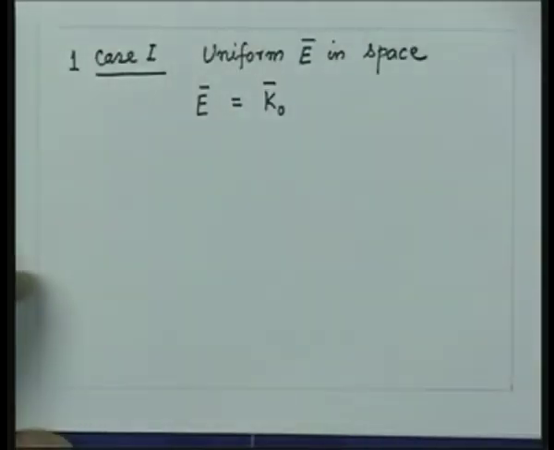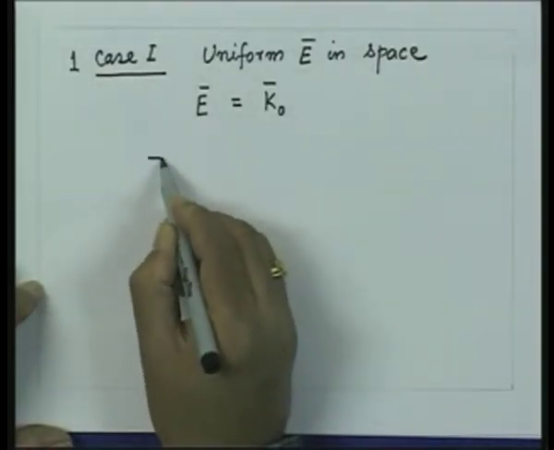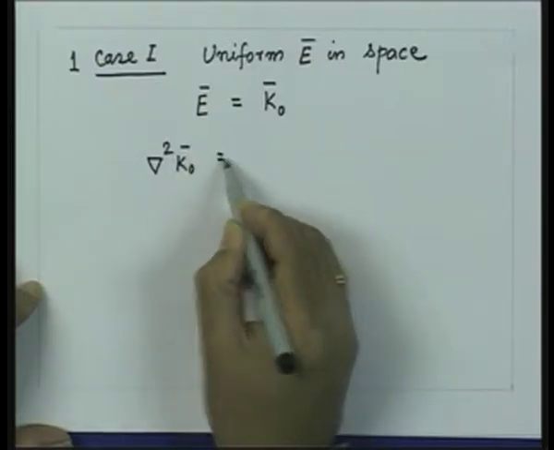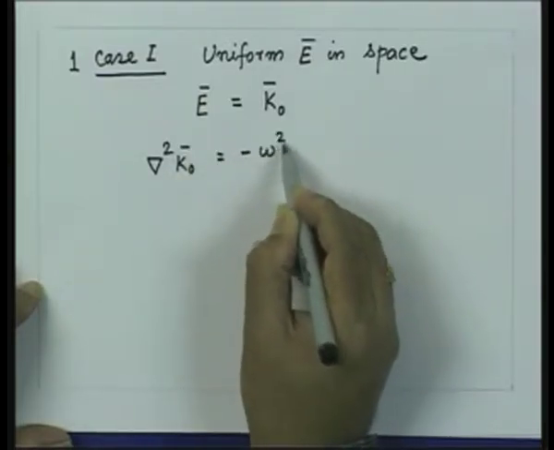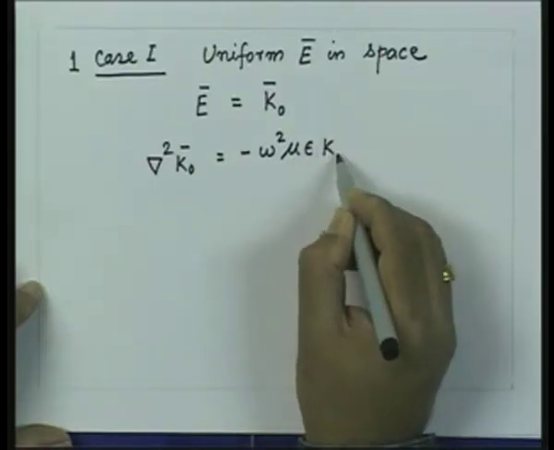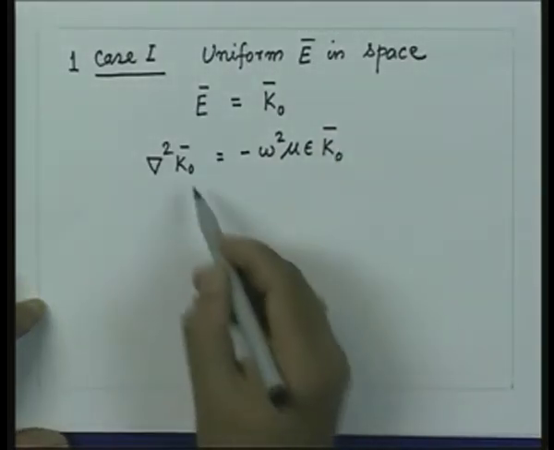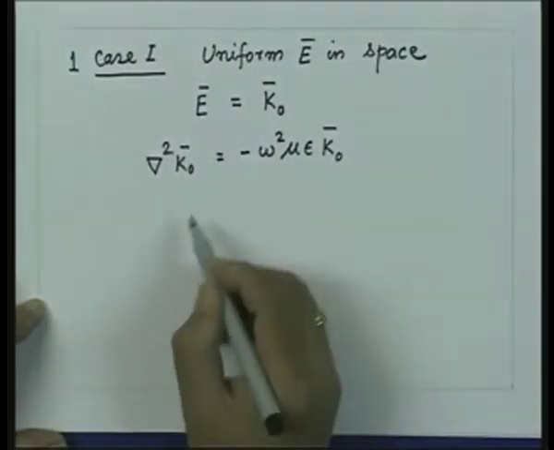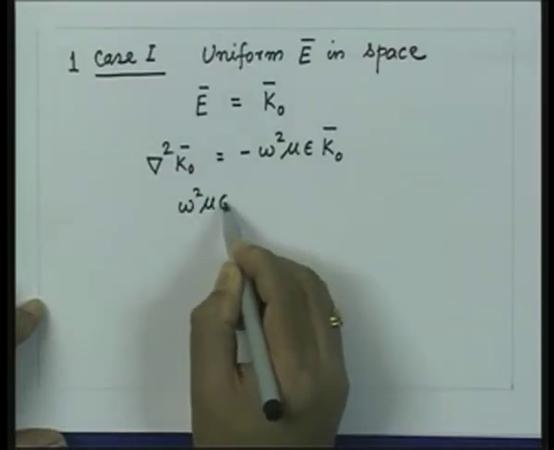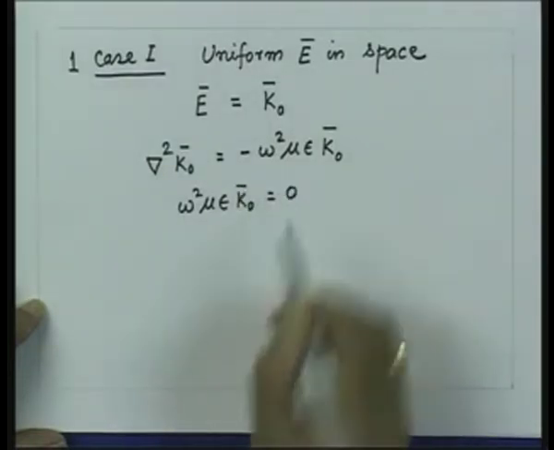So, essentially what we get is del square k naught, that is 0, equal to minus omega square mu epsilon into k naught. So, we have here omega square mu epsilon k naught equal to 0.